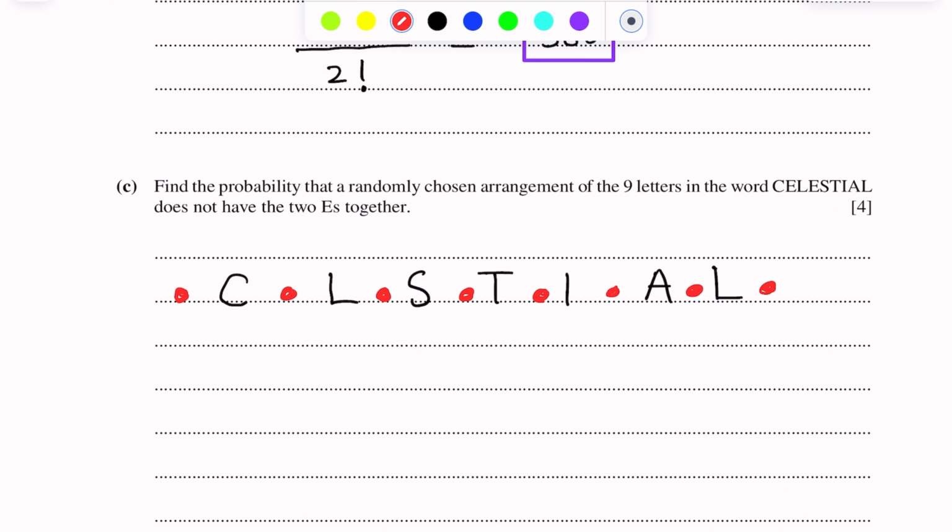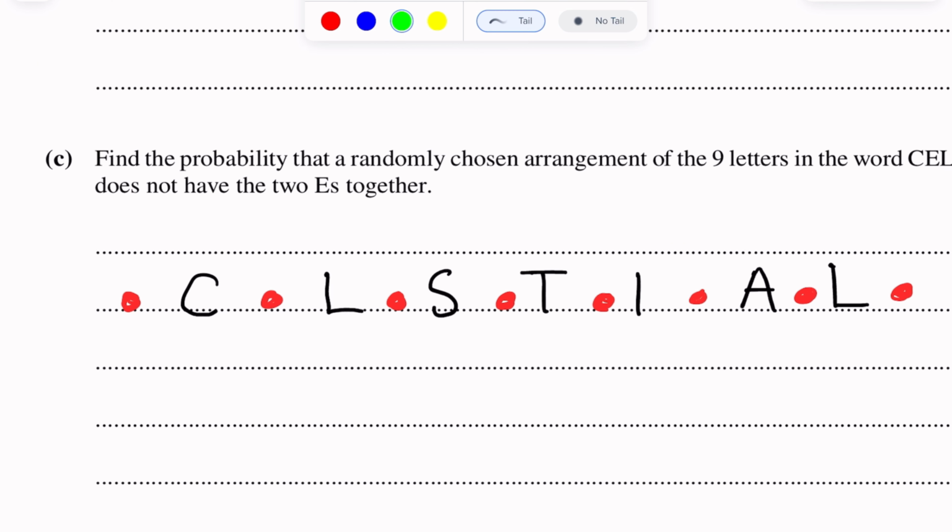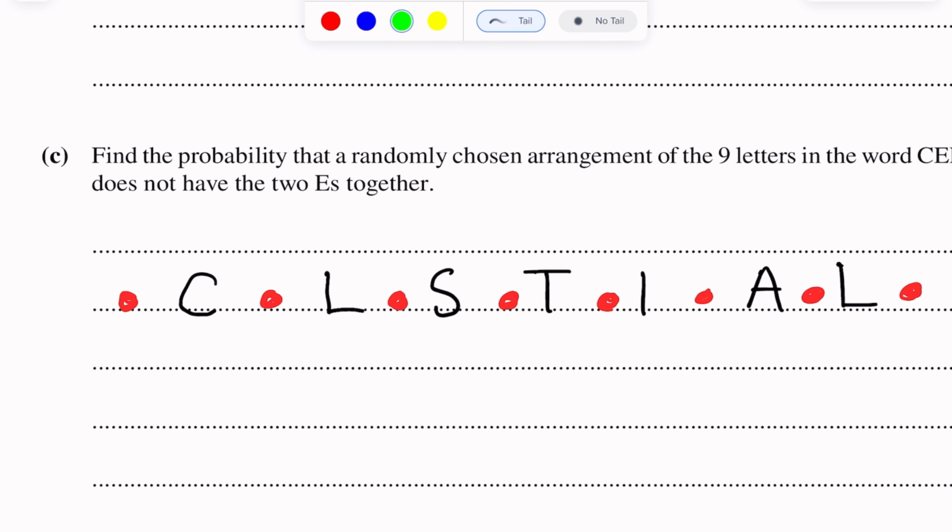These are 8 places for two E's. Now we can adjust two E's in any two places, red colored, so we may have two E's and not together.